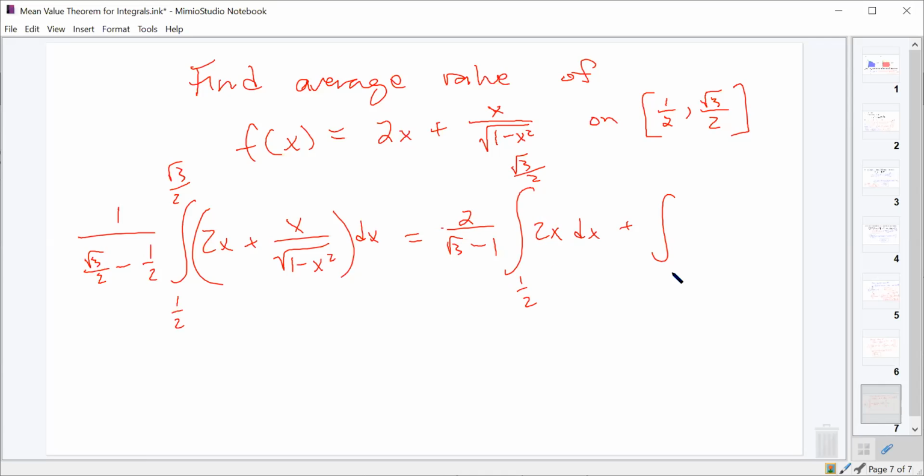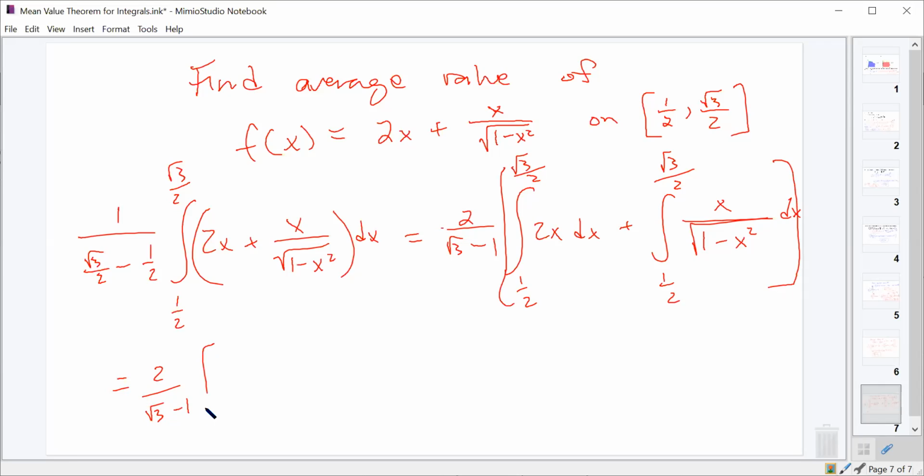I'm going to write them as separate integrals, remembering that we can, so that we can more easily evaluate this. So the first one becomes what? X squared. Yeah, and note that that 2 over root 3 minus 1 goes to both of those. So we got the 2 over root 3 minus 1 times x squared from 1/2 to root 3 over 2.